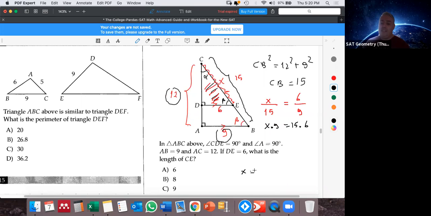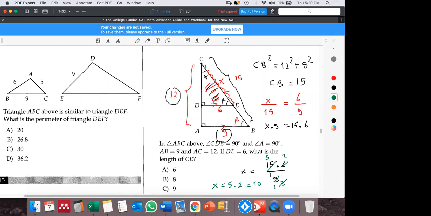So X is 15 times 6 over 9. Simplify. 9 divided by 3 is 3, 6 divided by 3 is 2, 3 divided by 3 is 1, 15 divided by 3 is 5. So X equals 5 times 2. So it is 10.